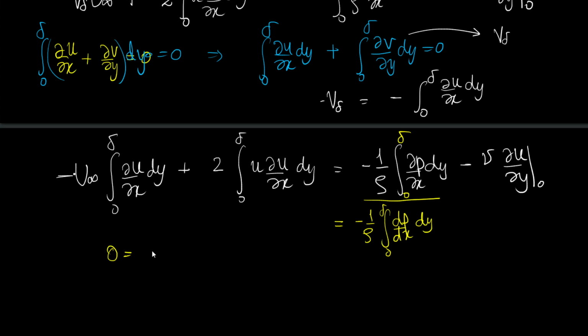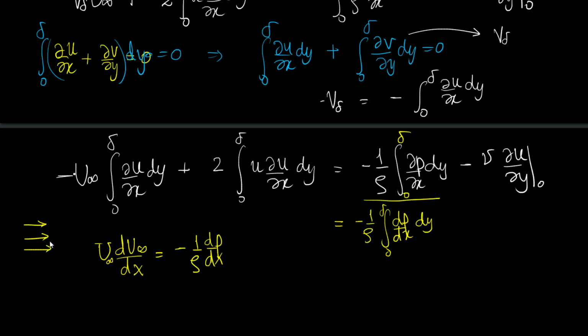So 0 is equal to, or not 0, u infinity du infinity dx is equal to minus 1 upon rho dp dx. Keep in mind that this is written for an ideal flow which is unidirectional.